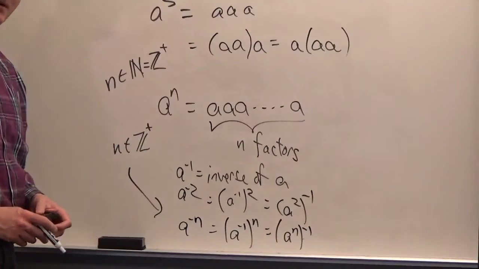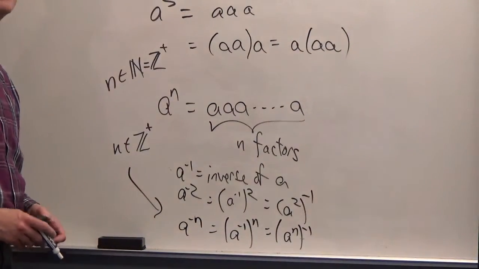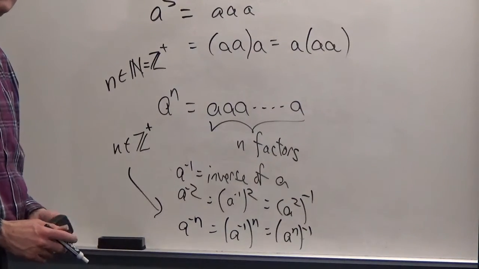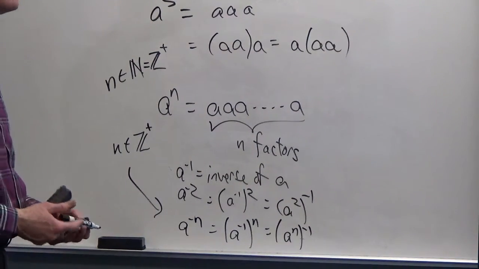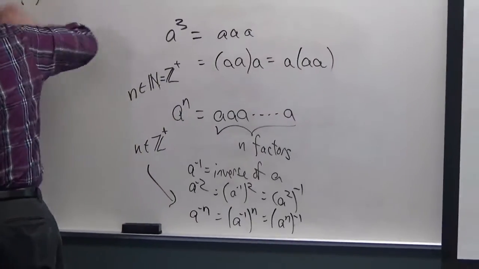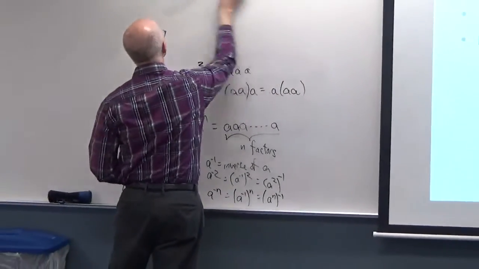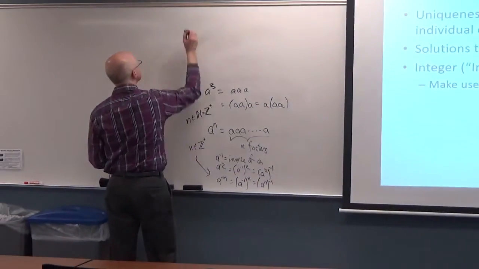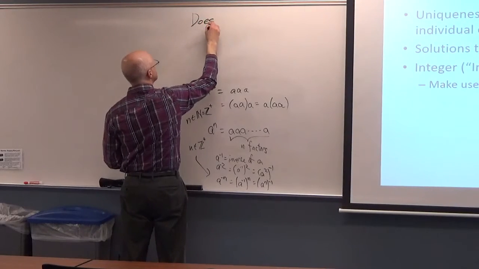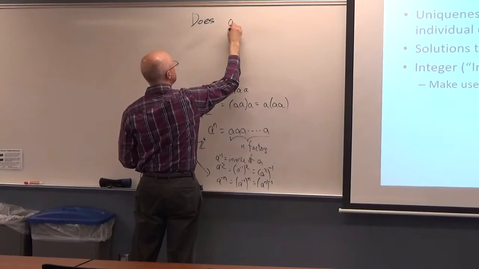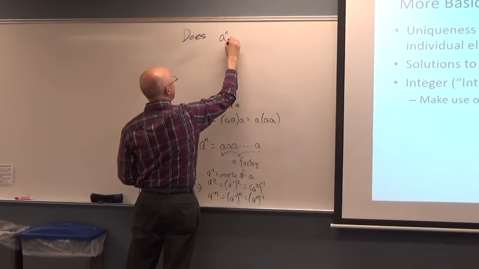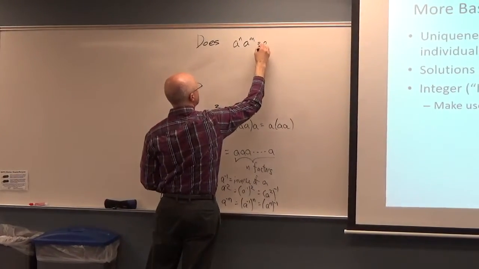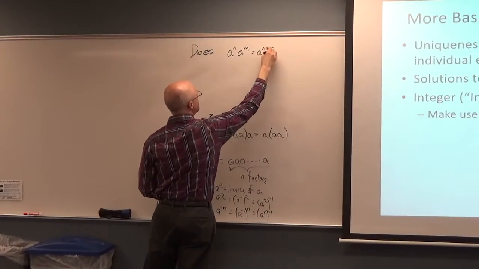Do properties of exponents hold? I forgot to put that on the PowerPoint. Properties of exponents, does that hold? Does, for example, a to the n times a to the m equal a to the n plus m?